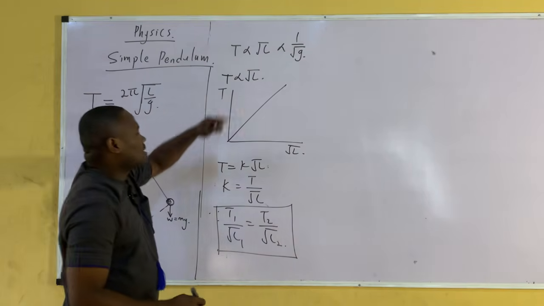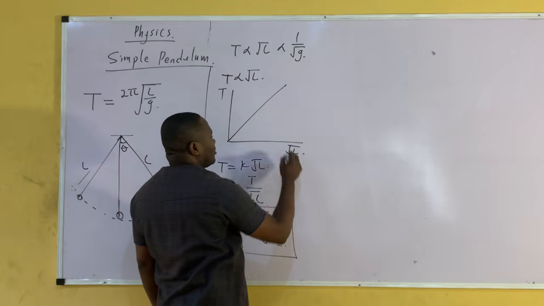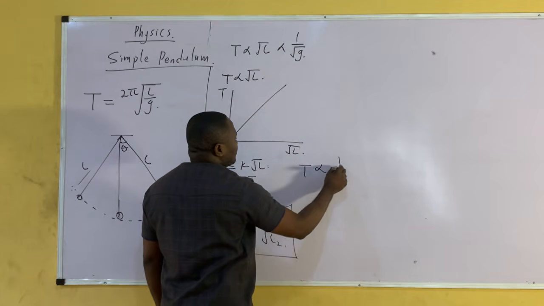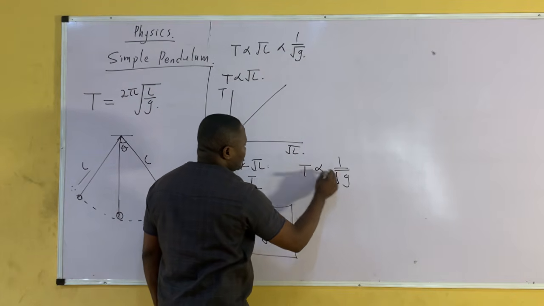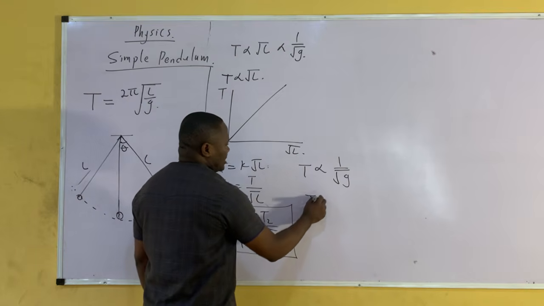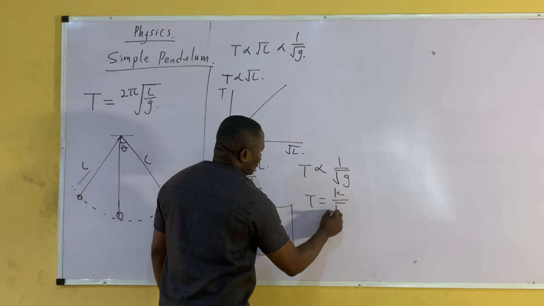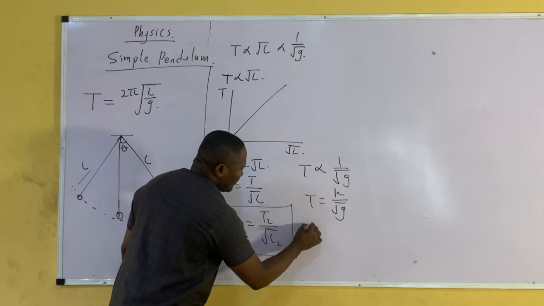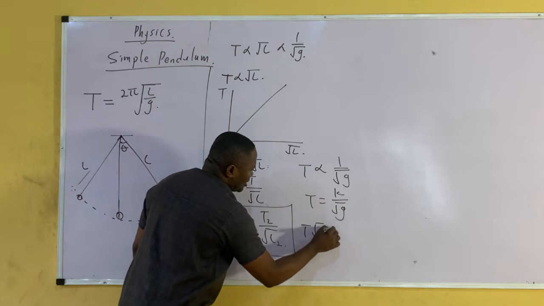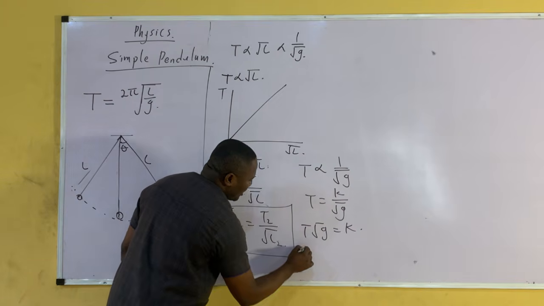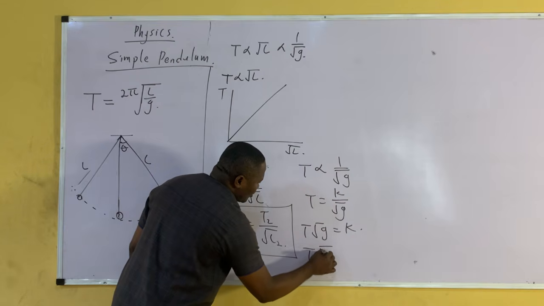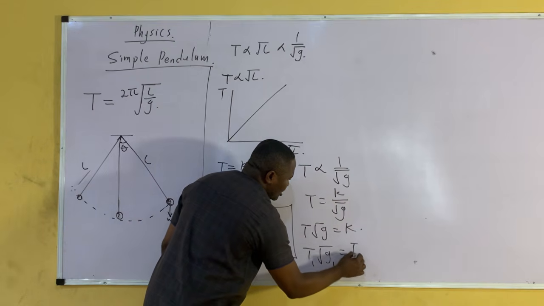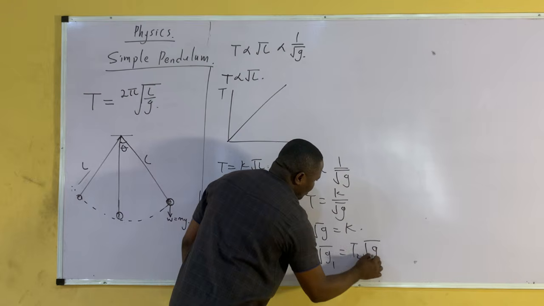What about for the next factor? I can say T is inversely proportional to what now? Square root of g. So I will now have T equal to k over square root of g. Cross multiply, I have T square root of g equal to k. So therefore I have T1 square root of g1 equal to T2 square root of g2.